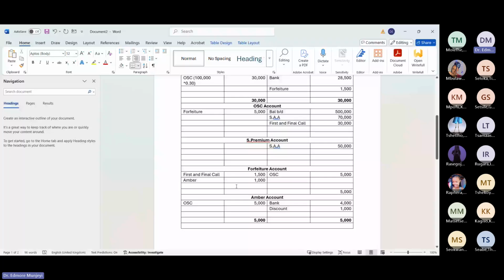Let's go to our... no. Wait. That 2.5 doesn't go to the ordinary share capital. It goes to the share premium. It is the share premium. That means we are going to credit the side of the share premium account. We're going to credit the share premium account with the 2.5 from forfeiture.